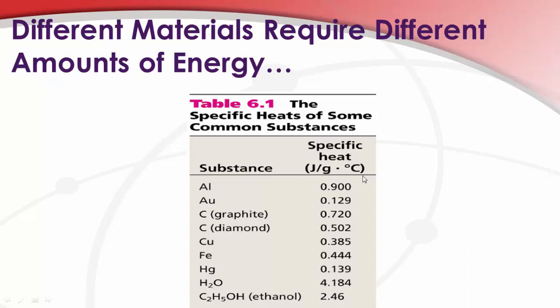Now what's interesting here is as we do our experiments, we can see that for some reason, water requires more than 4 times as much energy per gram than aluminum, and nearly 10 times as much per gram to heat up than iron. So water has a much higher heat capacity, and we can talk about why that is later.